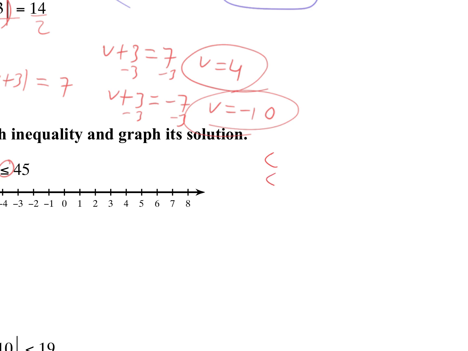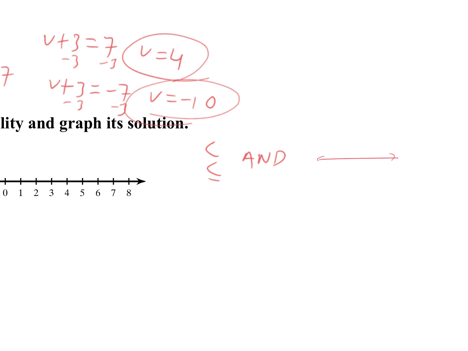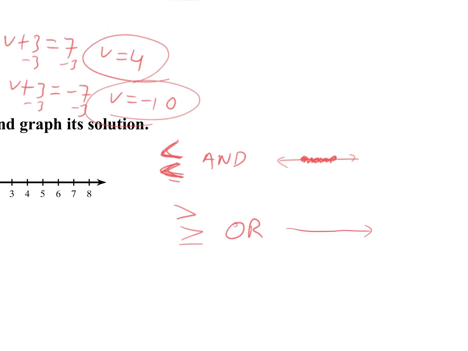If we see a less than or equal to, it is an and and we want to shade in between. Anytime it's a less than. If it's greater than or equal to, these are going to be or statements, and they're going to go in either direction.